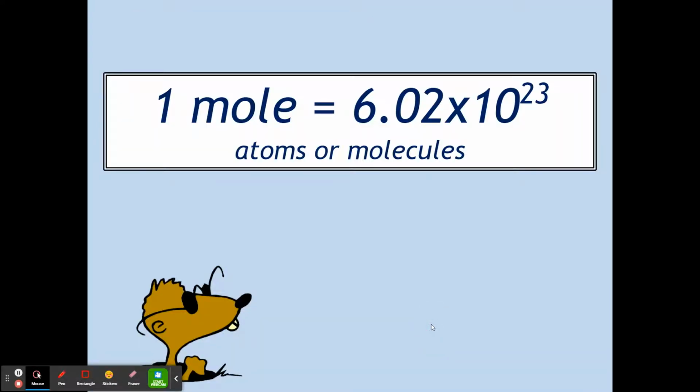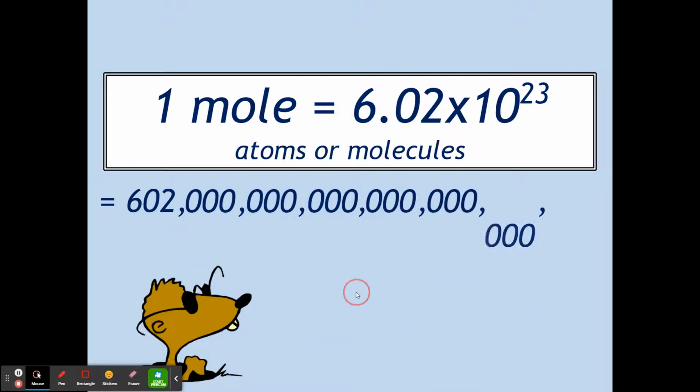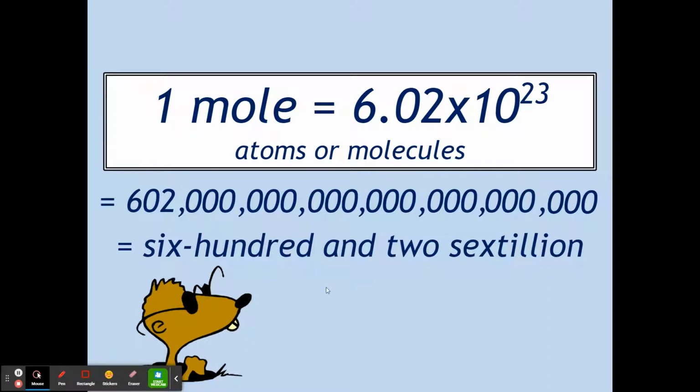1 mole is equal to 6.02 times 10 to the 23rd atoms or molecules. That is 602 with that many zeros behind it, 21, or 602 sextillion atoms or molecules.